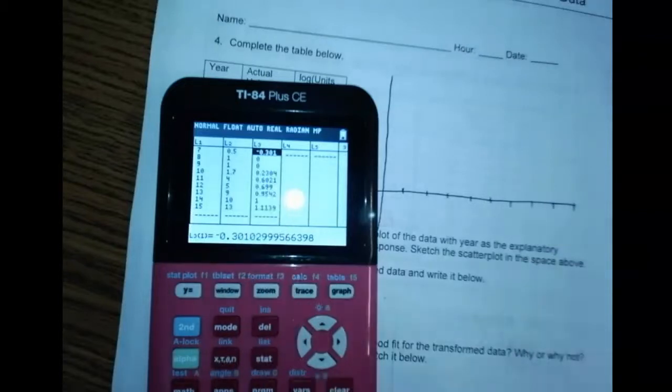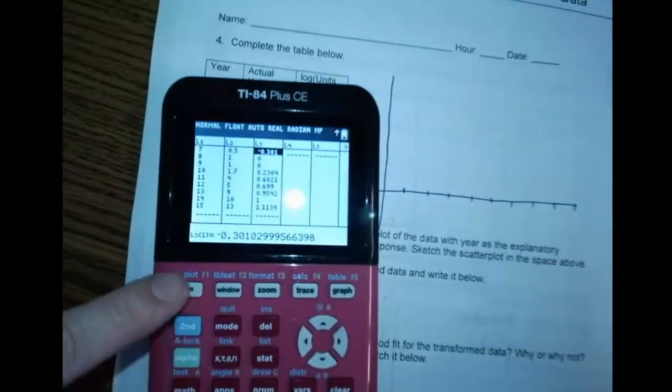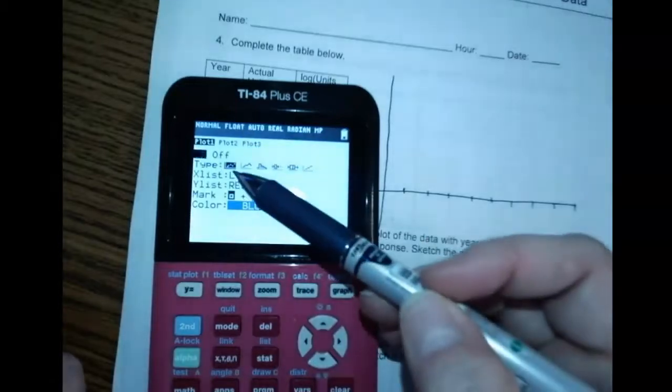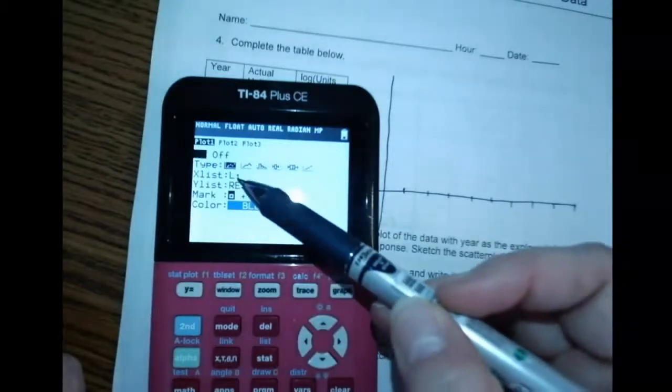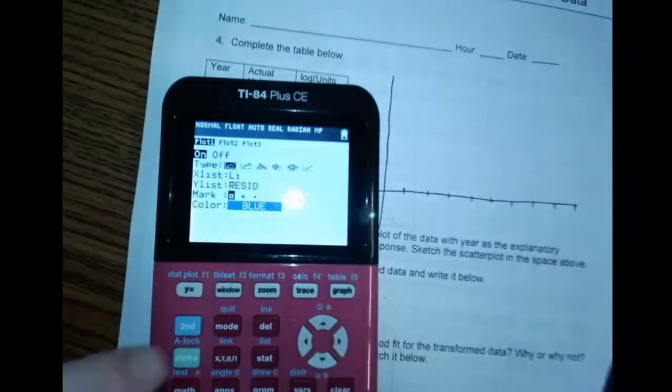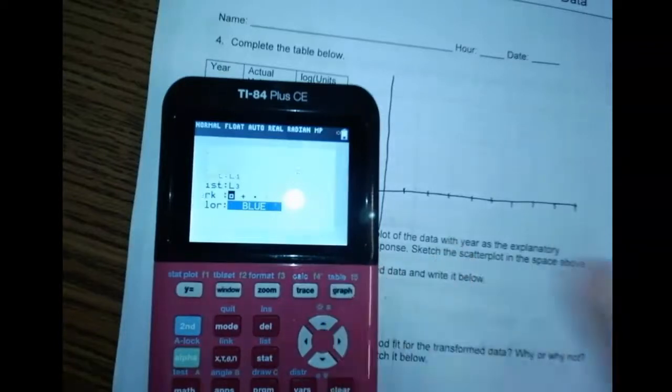So they're in list 3. So go back into stat plot, which is second y equals. Go in, we're going to do our scatter plot, but our data is x's are in list 1 and our logged y's are in list 3. So put list 3 there, it's second 3. And then we're going to graph that.